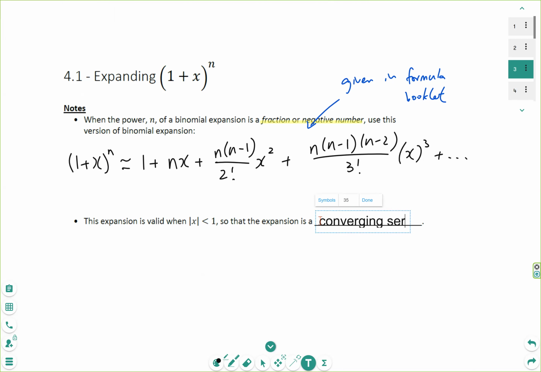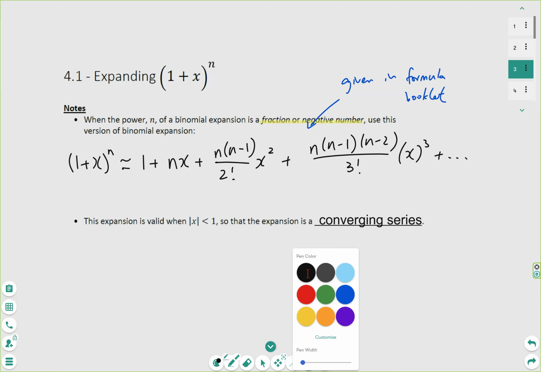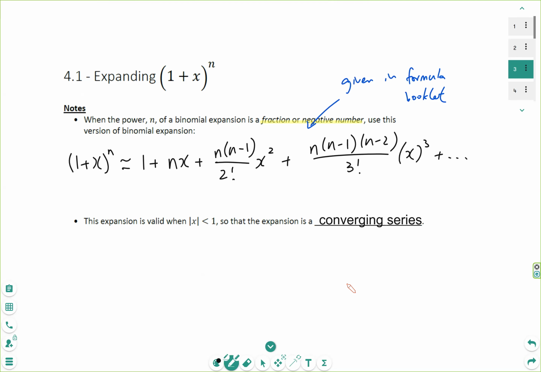Now, you might be thinking, you just learned this in chapter 3. Why does it have to be a converging series for it to be valid? I mean, why does this value of x have to be less than 1 so that this becomes valid? Why does it have to do with converging? The reason is, if you're interested, you can write down.